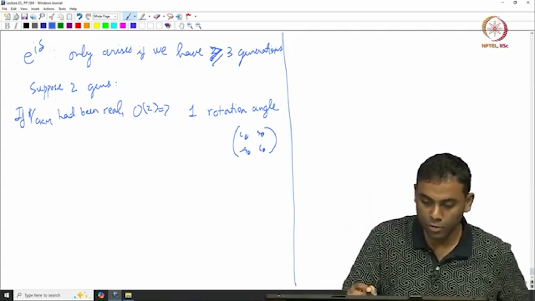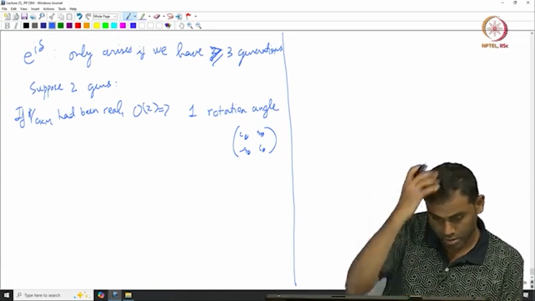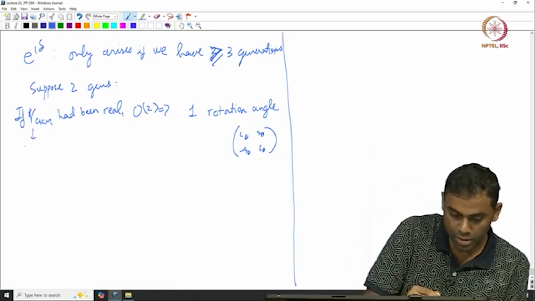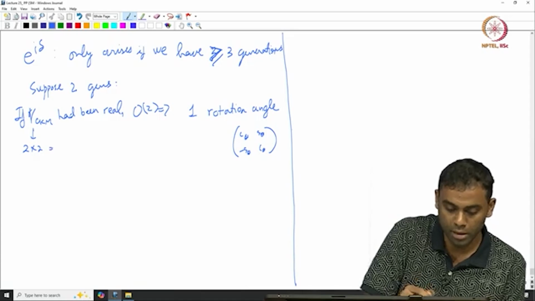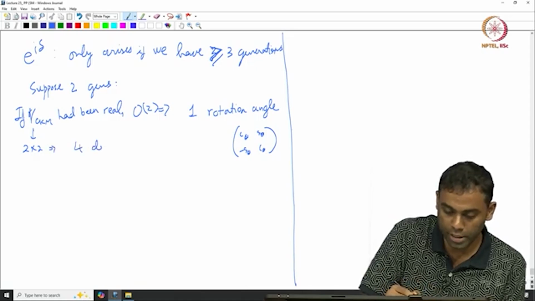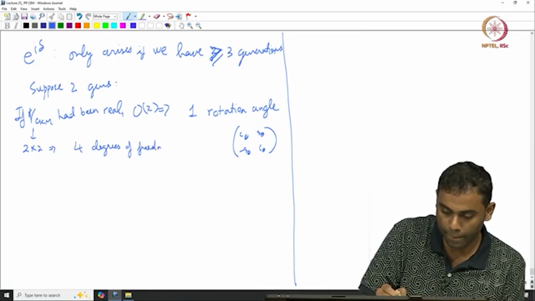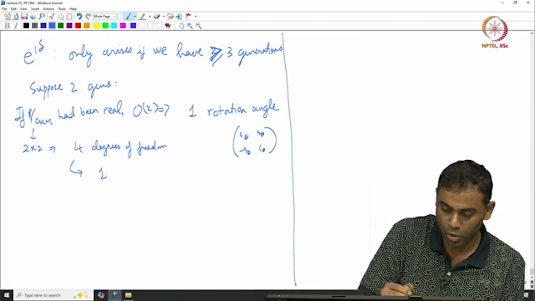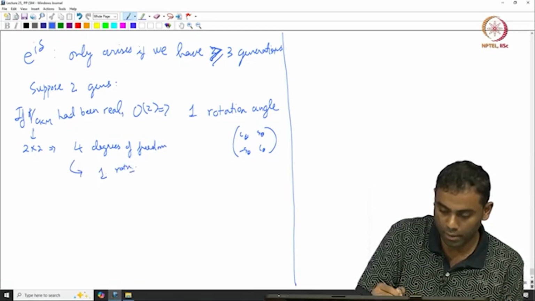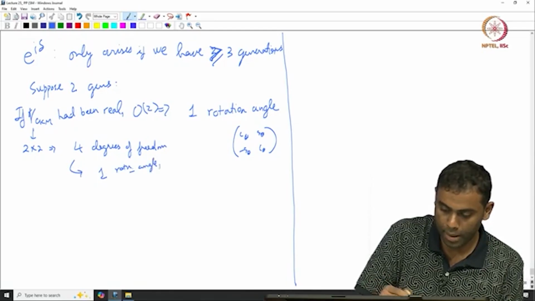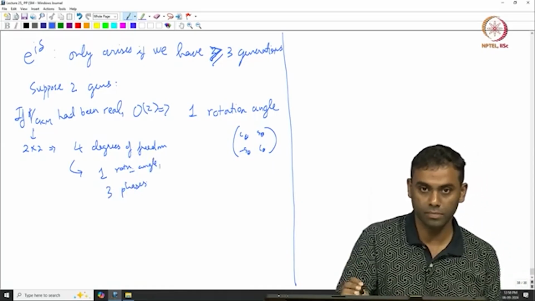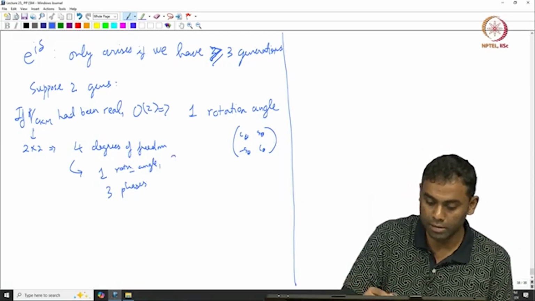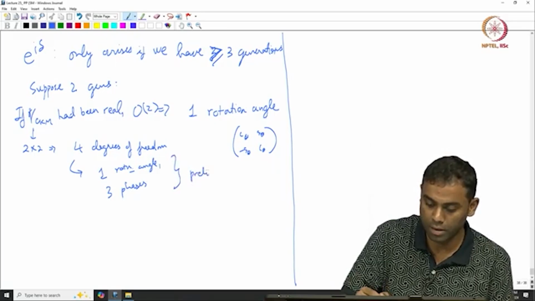So, that would mean since the CKM matrix would have been a 2 by 2 matrix and since it is unitary, I start with 4 degrees of freedom, out of which 1 is a rotation angle and 3 are phases, complex phases. But again this is a preliminary census.